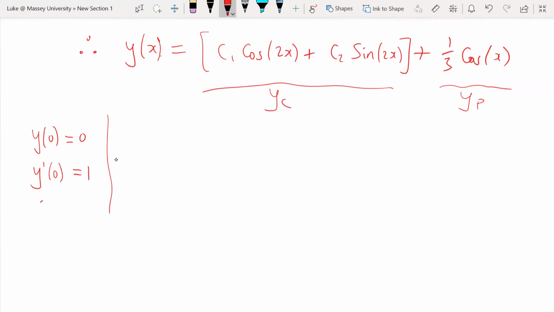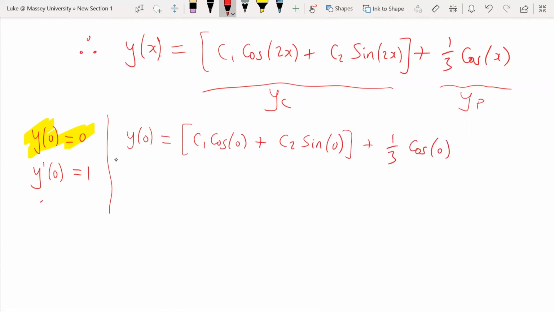Let's use the first initial condition. y of 0 is equal to c1 times cosine of 0, which is 1, plus c2 times sine of 0, which is 0, plus 1/3 times cosine of 0, which is 1. And that has to equal the initial condition value, which is 0. So we end up with c1 plus 1/3 equals 0, or in other words, c1 is minus 1/3.